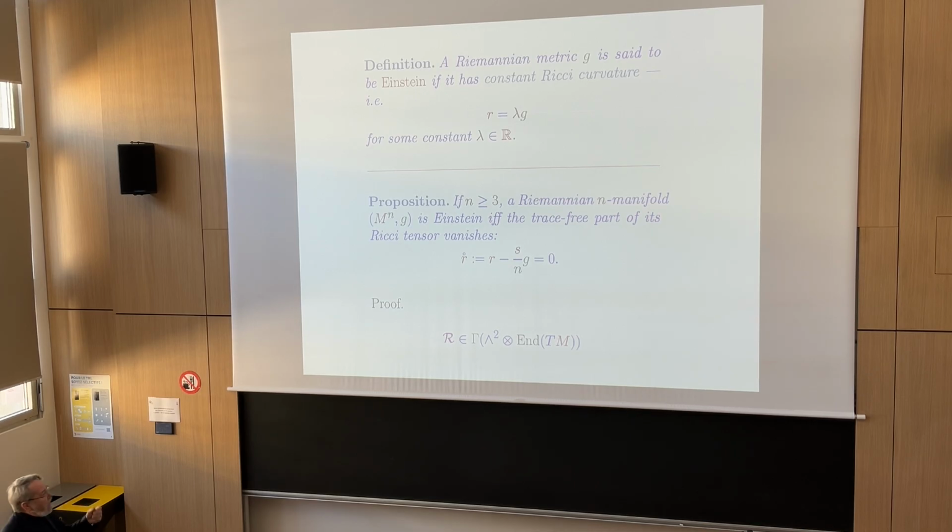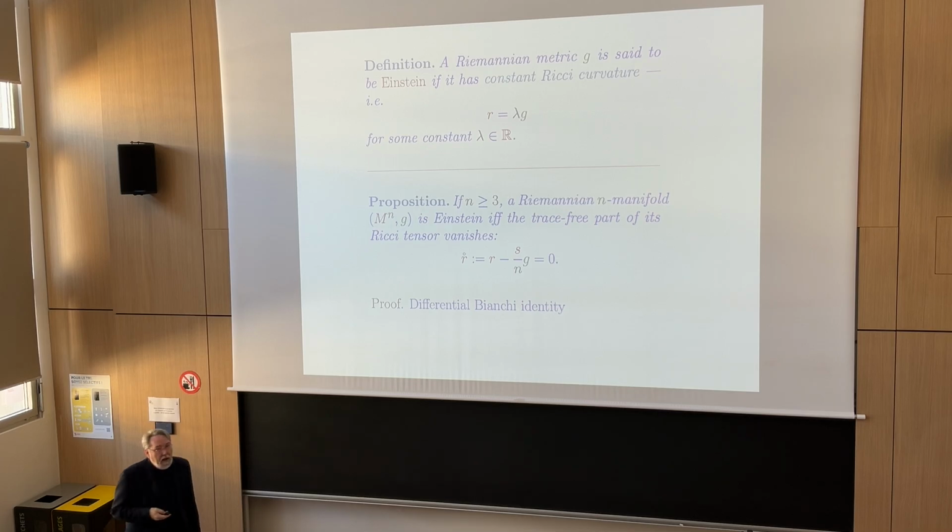If it's a connection on a bundle E, it's a 2-form with values in endomorphisms of the vector bundle E. In this case, the vector bundle in question is the tangent bundle. It's a general fact called the differential Bianchi identity, or sometimes the second Bianchi identity, that when you think of it in this way, that 2-form is a closed 2-form, when you take the exterior derivative to get a 3-form with values in a bundle.